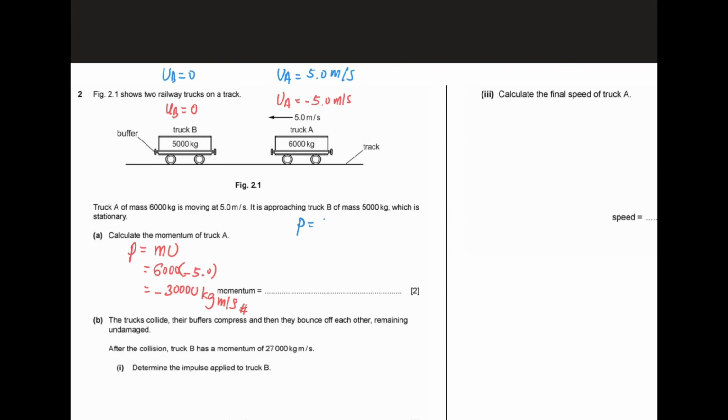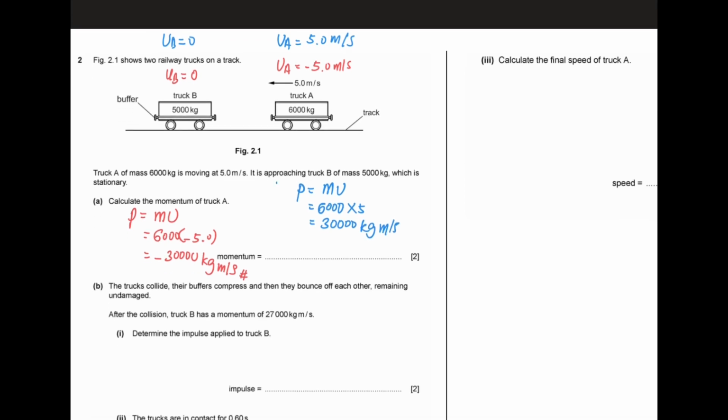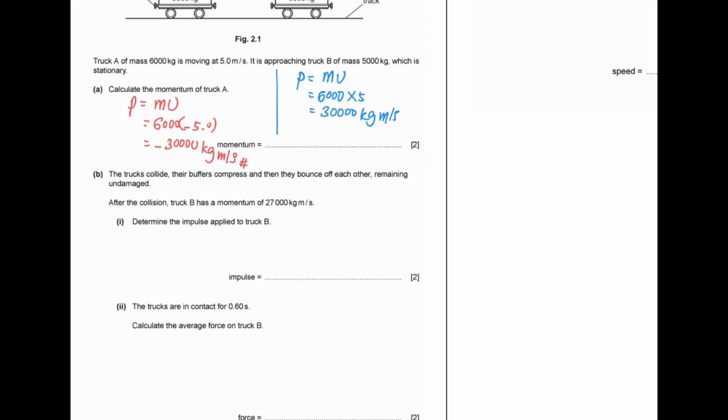Then my UA is positive 5. So then P equal to MU, 6,000 times 5, 30,000 kg meter per second. So the mark scheme put positive answer. Of course the mark scheme is with me, so I can easily see that.